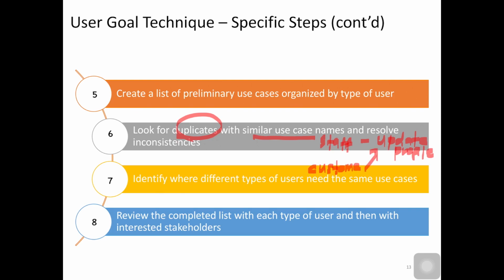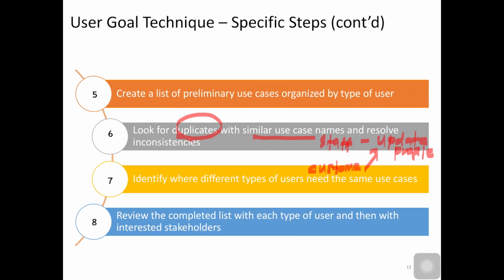Number 7, identify where different types of users need the same use cases. If, for update user profile, both staff and customer have the same process and can share the use case, then we can eliminate the other duplicate use case.